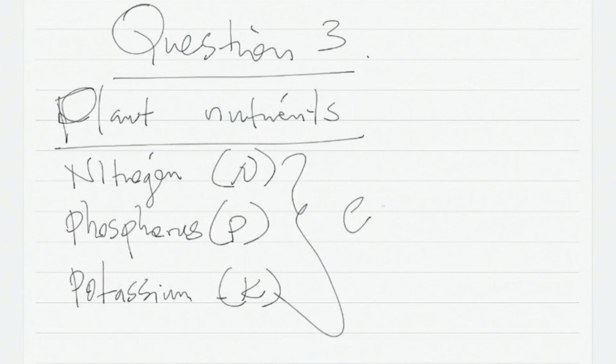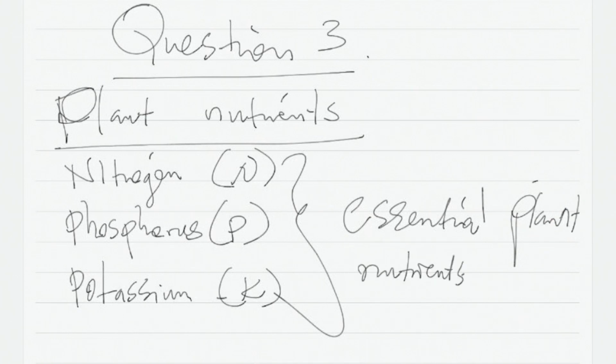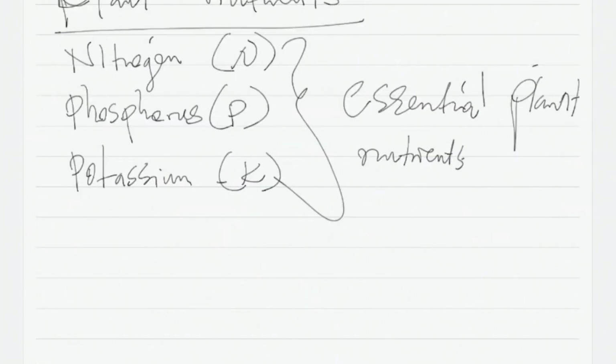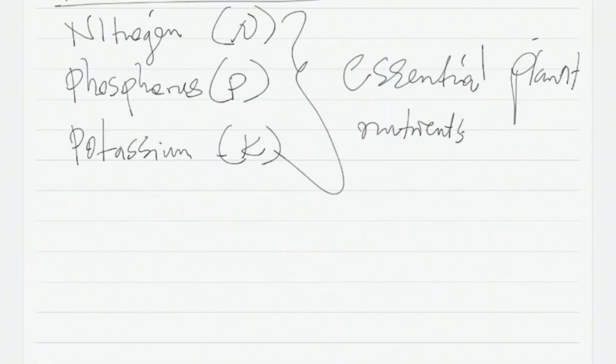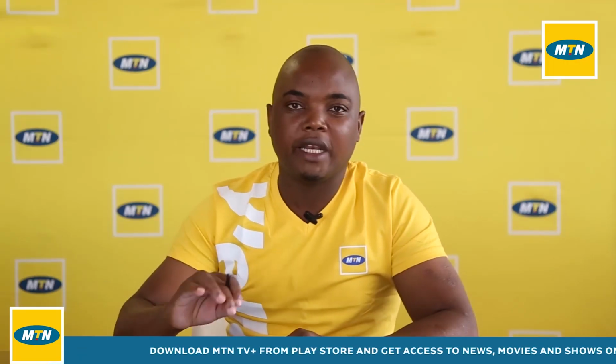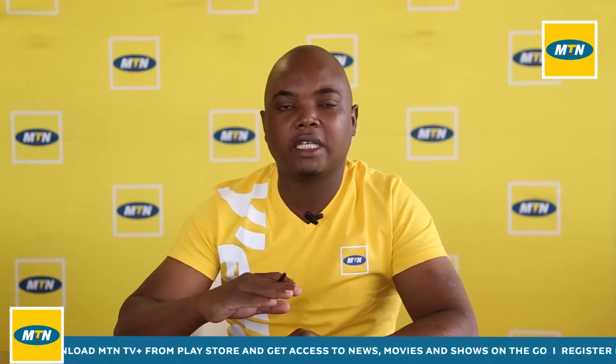Now, these are essential plant nutrients. Meaning, lack of one of these, a plant will not grow well. The plant will turn yellow. The plant will have stunted growth. It will not grow properly.